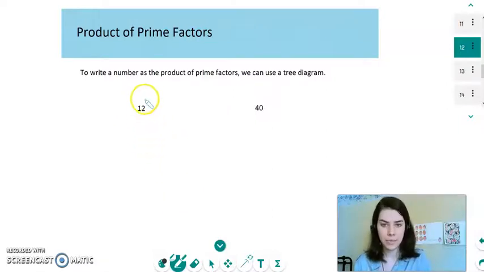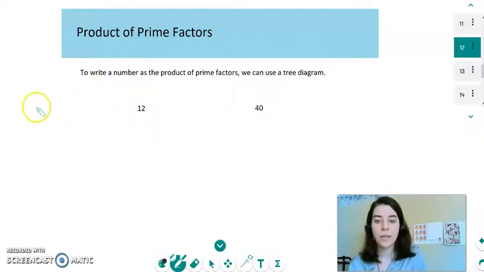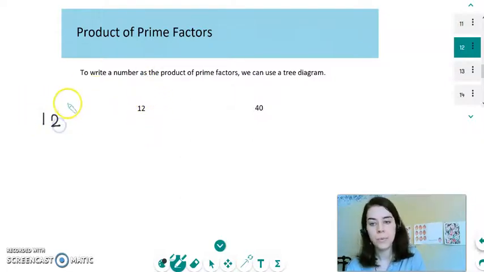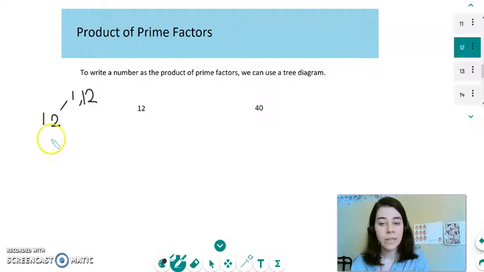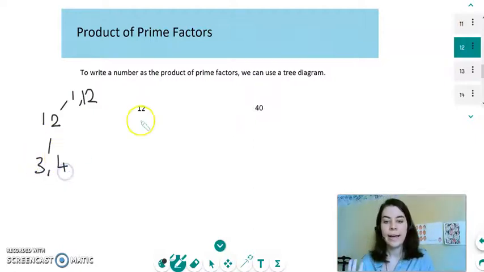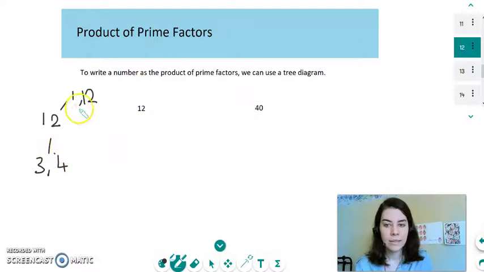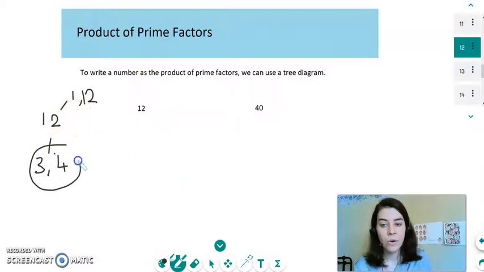So let's start with 12. First, we want to find the factor pairs for 12. So we have 12. We know that one factor pair will be 1 and 12. And we have another pair that's going to be 3 and 4. Now, one thing we want to know when we're drawing these tree diagrams is we always want to pick the number that is not a 1 or the number itself.